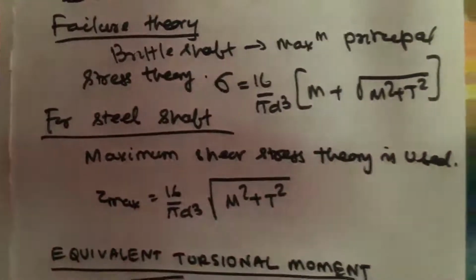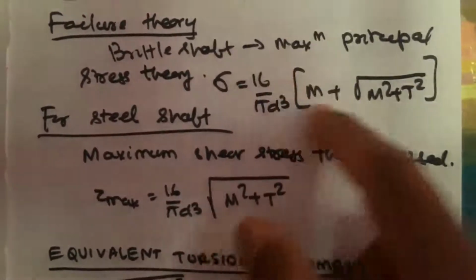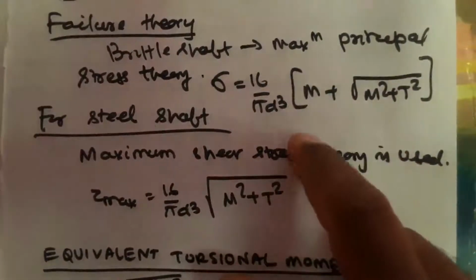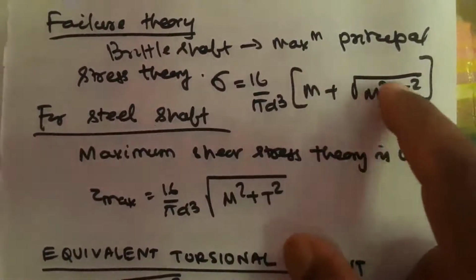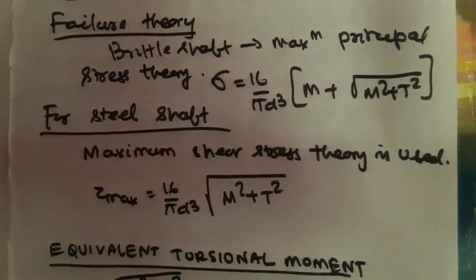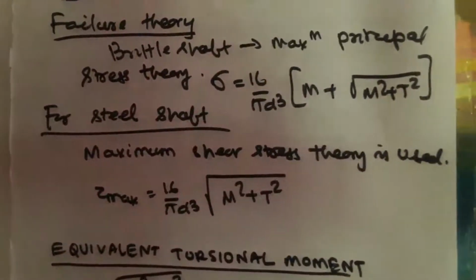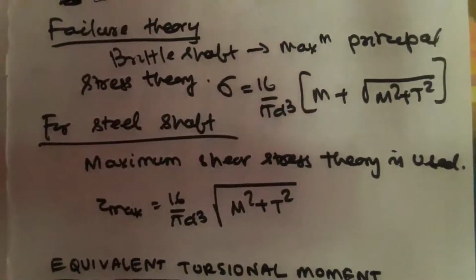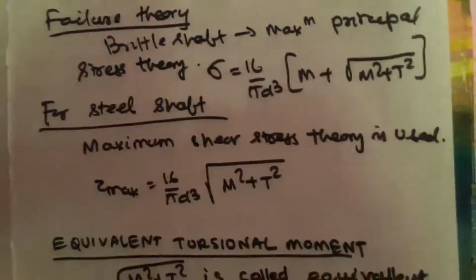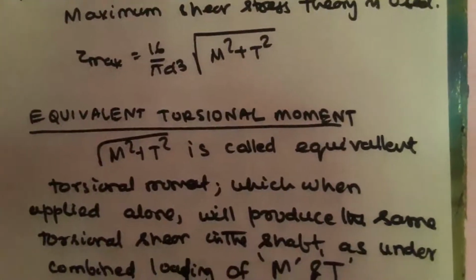So in maximum principal stress theory, the maximum principal stress will be equal to 16 by pi d cubed into M, the bending moment, plus under root bending moment square plus the torsional moment square. And in this case, maximum shear stress will be equal to 16 by pi d cubed under the square root M square plus T square. Now we will talk about what is the meaning of equivalent torsional moment.